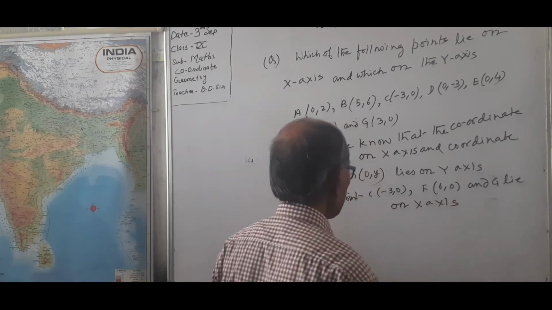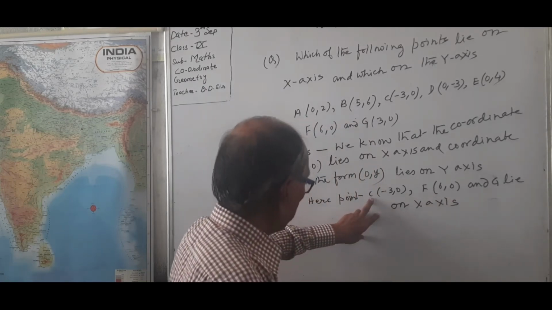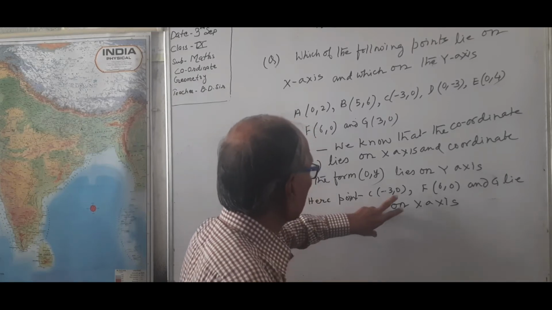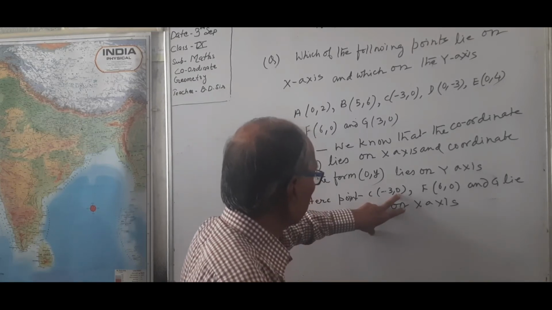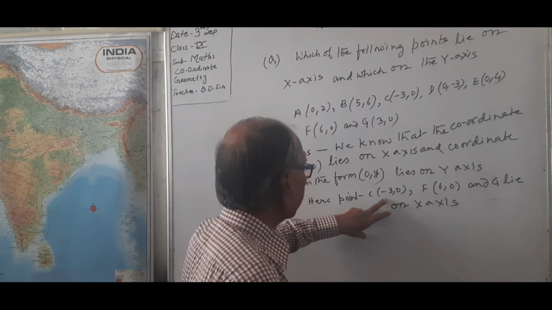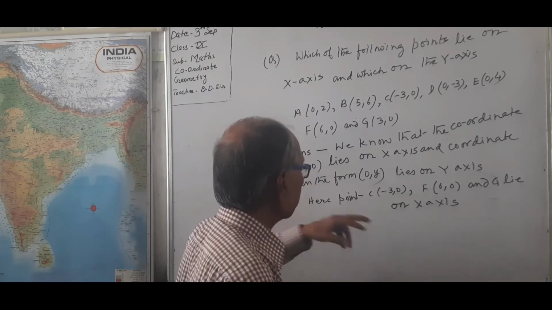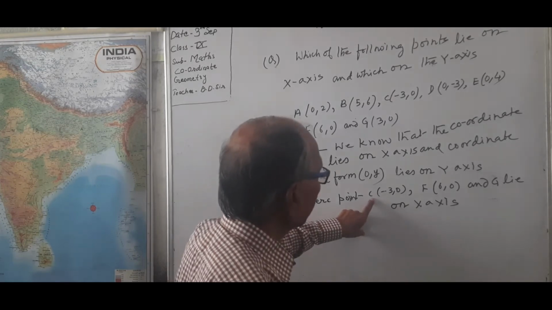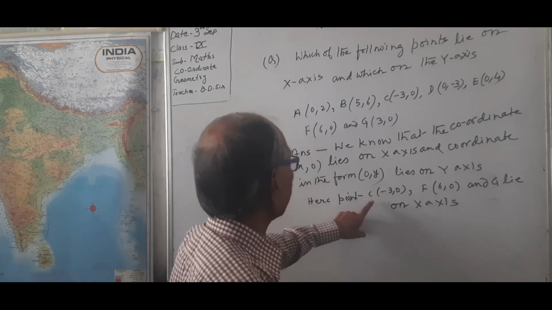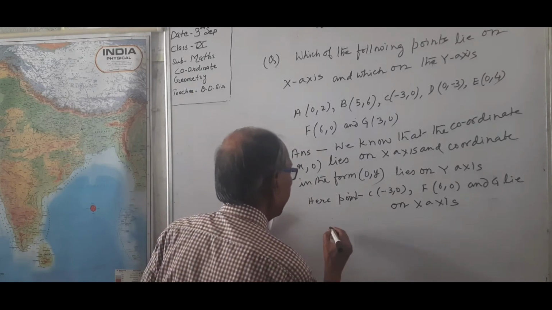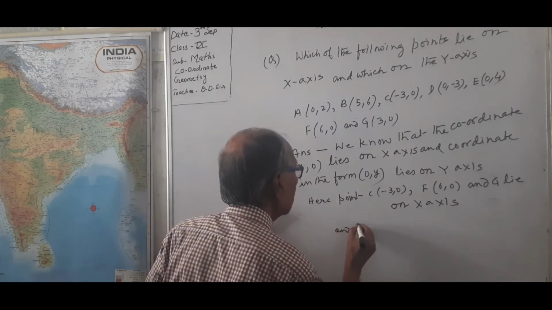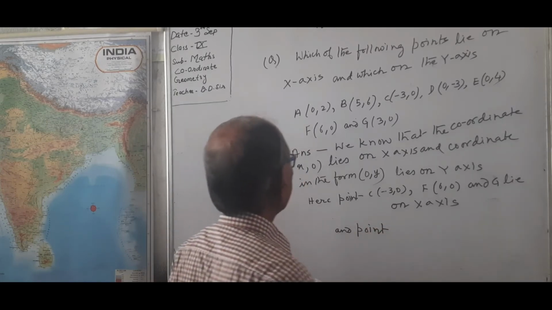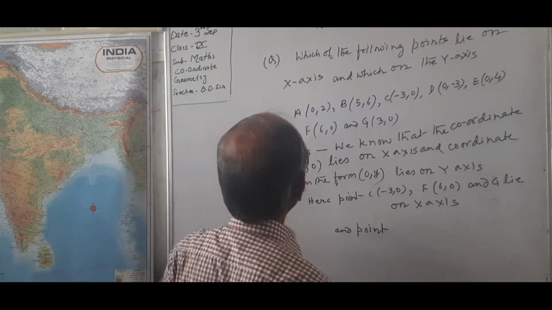because we see that the value of the y-coordinate of C, F and G is nothing but 0, but the value of the x-coordinate is given. So we can say that points C, F and G lie on the x-axis and for the y-axis, the x-coordinate should be 0.